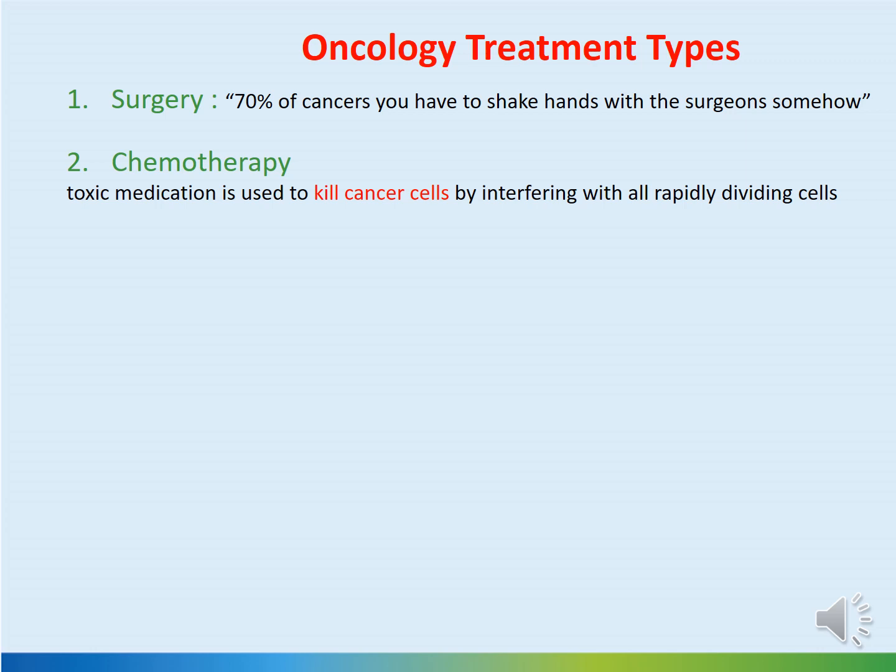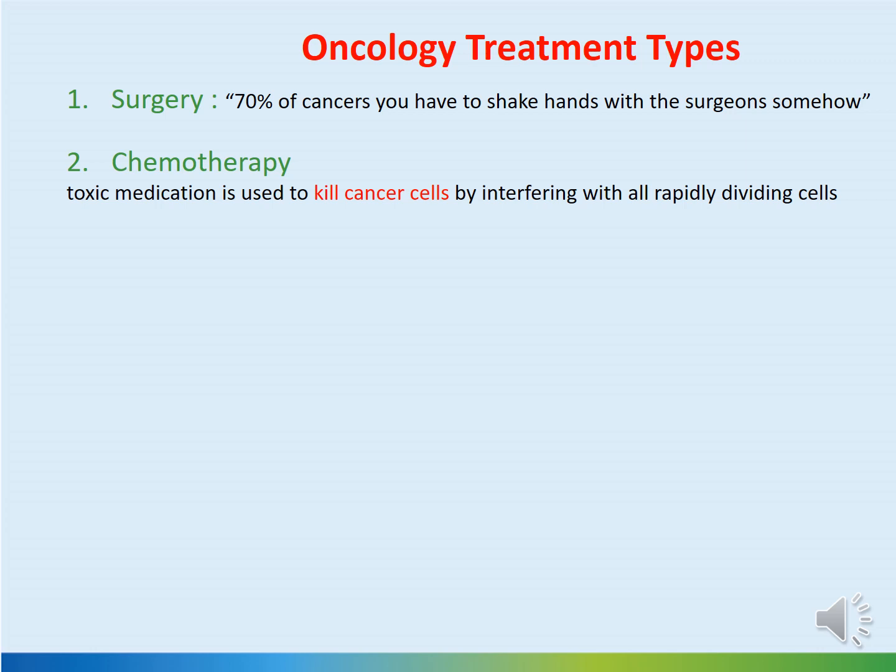And as you know, chemotherapy still has a lot of side effects and complications. Even with the new generation of chemotherapy, we still don't have drugs which only kill the cancer cells and avoid the normal cells. Why?